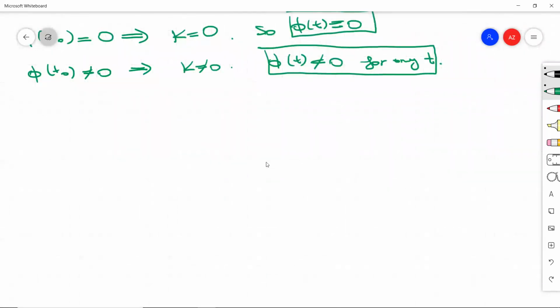Let's go to the characteristic polynomial of the differential equation. We already defined it, so let's recall this. We have a differential equation of order n. Let's say it's homogeneous.